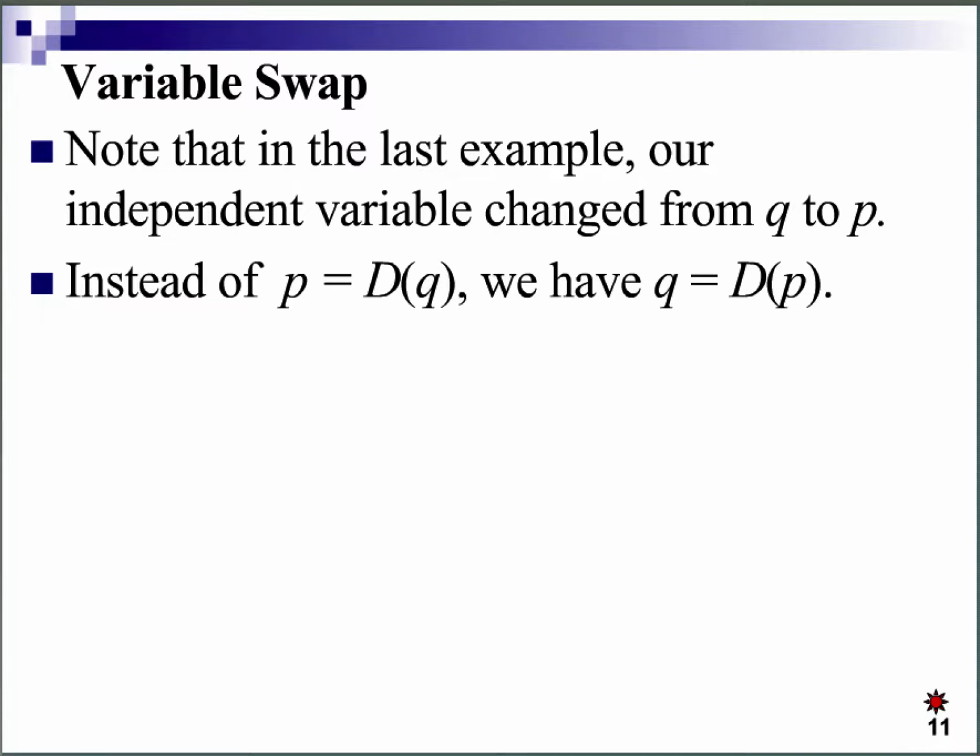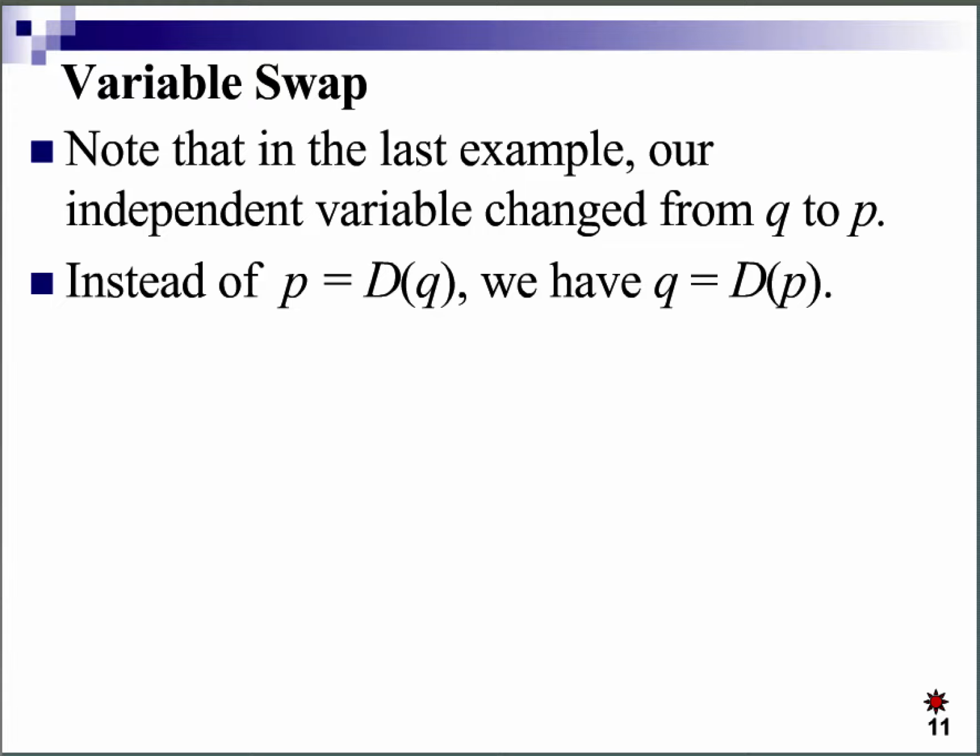And instead of looking at P as a function of Q, or P is equal to D of Q, as in topics 1, 2, 3, 4, and 5, we now have Q is a function of P, or quantity in demand is a function of price. Both of these are demand functions because they both give me a relationship between the price per item and the quantity in demand at that price. So they're really the same thing, they just have swapped the variables.